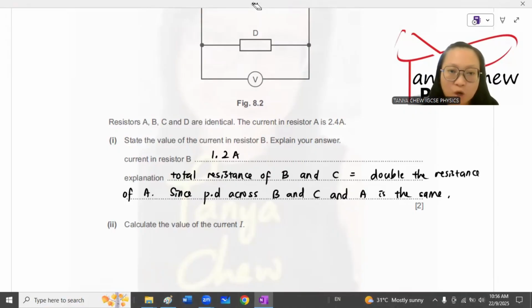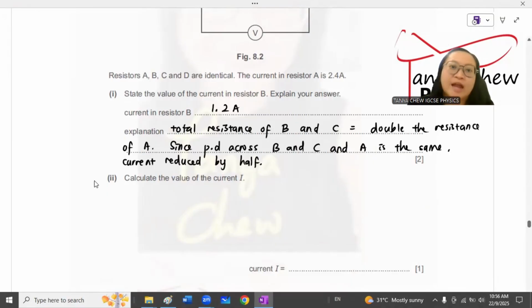Double the resistance causes the current to reduce by half. Done.